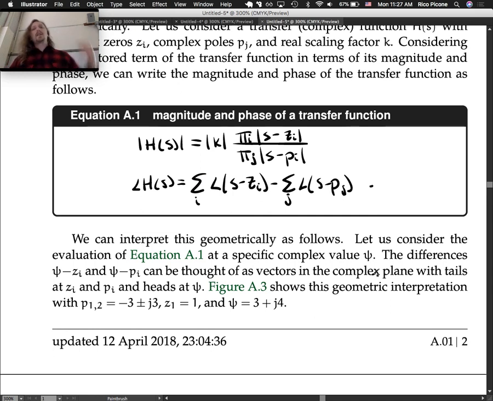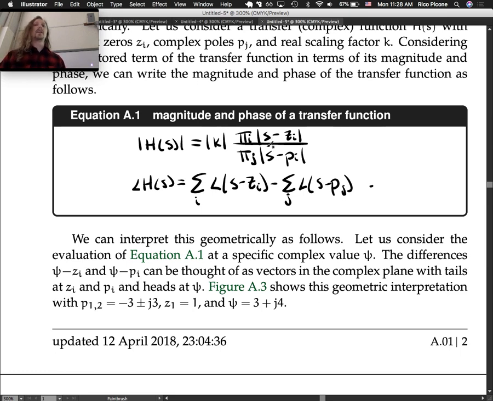We can interpret this geometrically as follows. Let us consider the evaluation of equation A1, so that's what this boxed equation is, at a specific complex value psi. So we're going to set s equal to psi and evaluate it. The differences are psi minus z_i and psi minus p_i, so they show up everywhere.